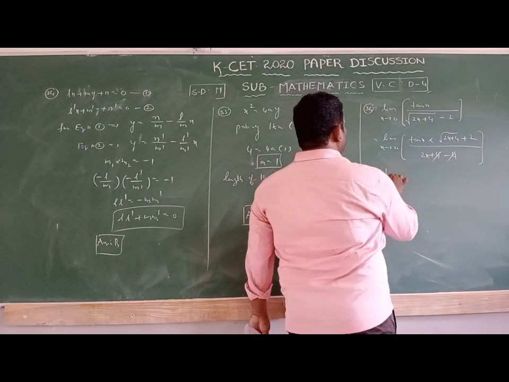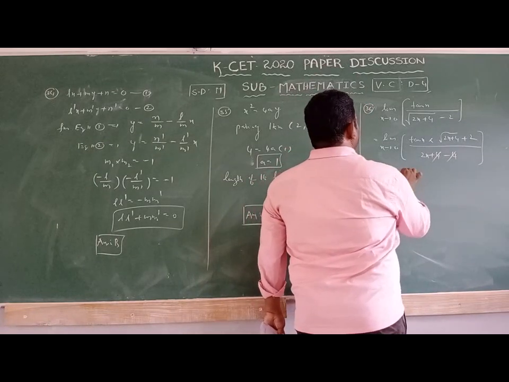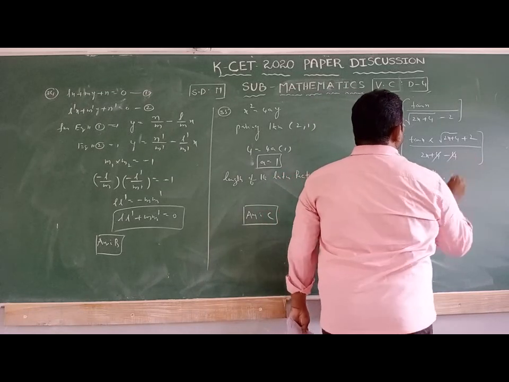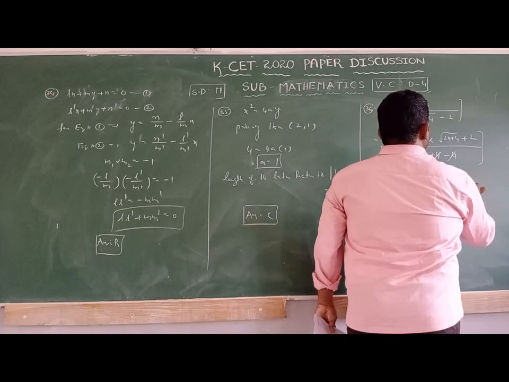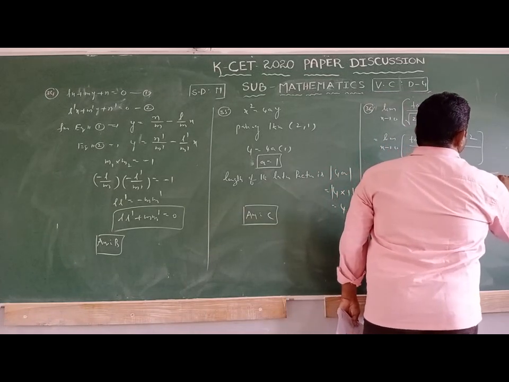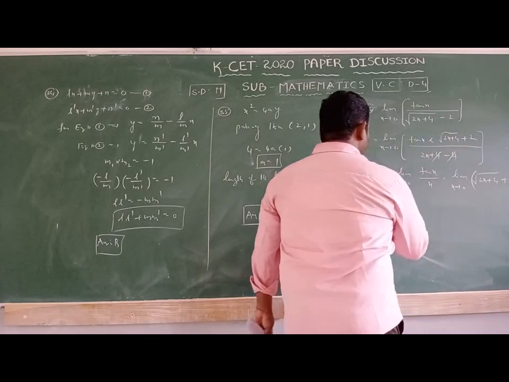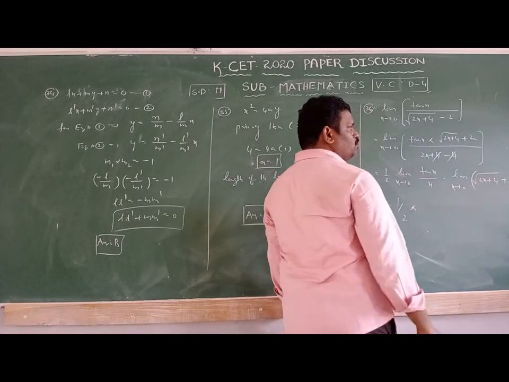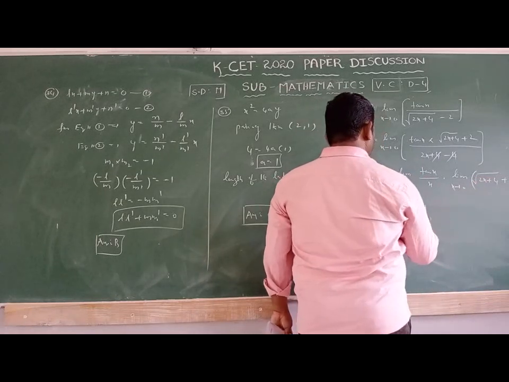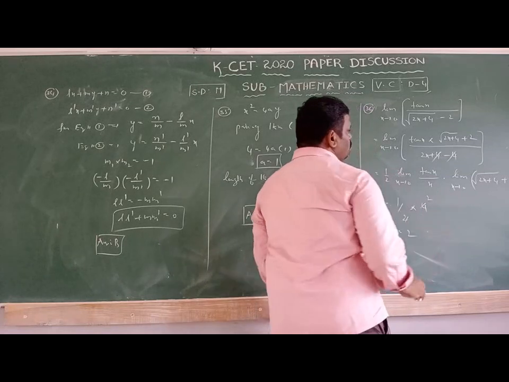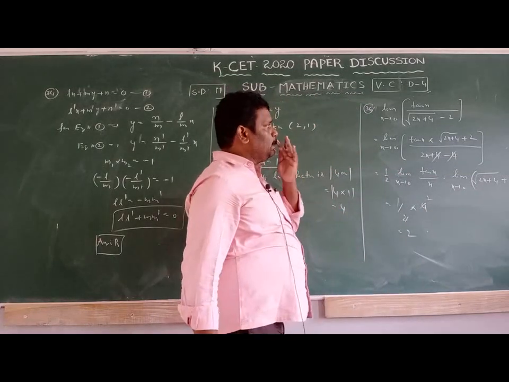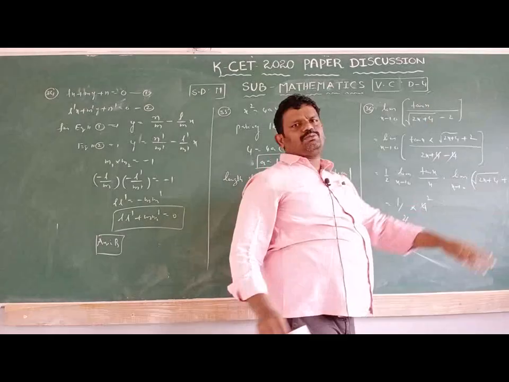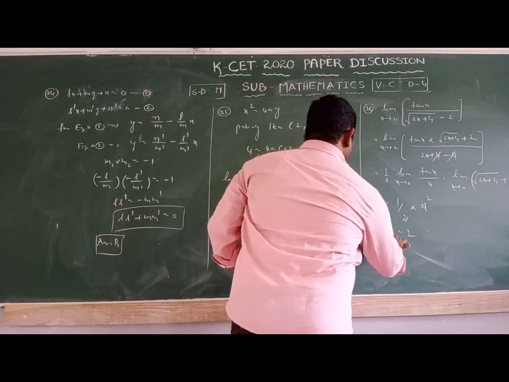Now if you split these terms, 2 into limit as x tends to 0 of tan x by x, into limit as x tends to 0 of square root of 2x plus 4 plus 2. Now here the value is 1 by 2. From this value, if you put 0, root 4 means 2, 2 plus 2 is 4. So 2 ones are 2, 2 twos are 4, that is equal to 2. Otherwise, if you want to apply L'Hospital's rule, secant square x, this one, so 1 by 2 into root of 2 cancellation, then also we substitute the value and we get the same answer. So answer is B.